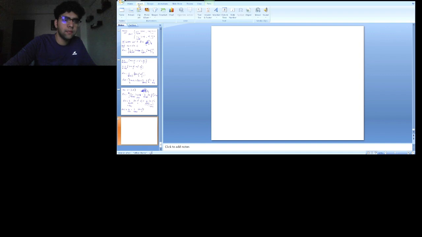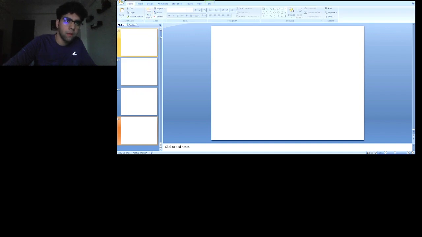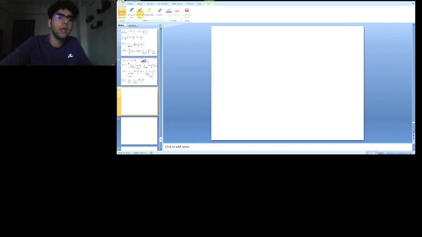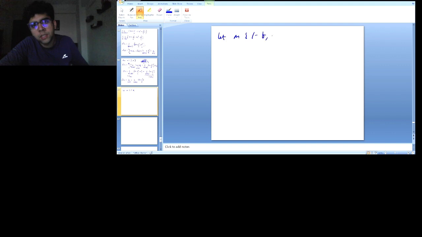Now let's assume that my median m lies between minus b to 0. So now I just need to prove that f of m is equal to half, because what does median show?